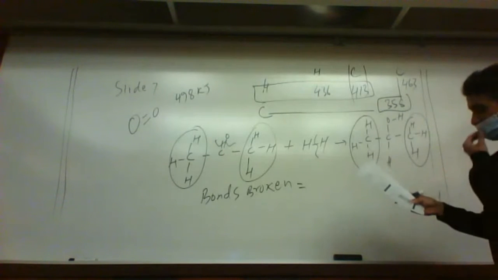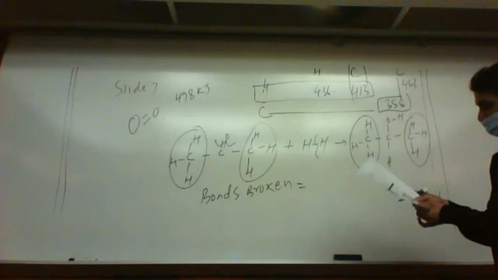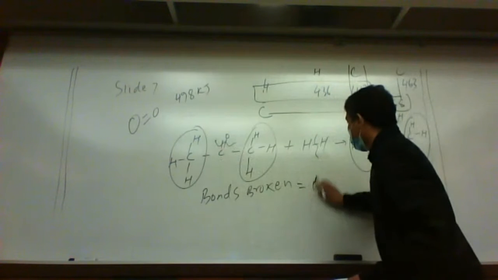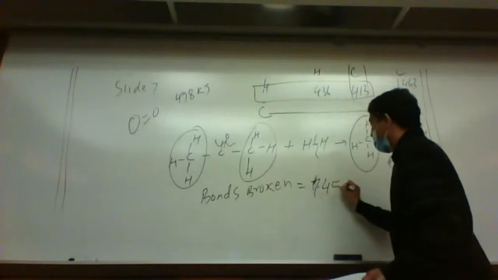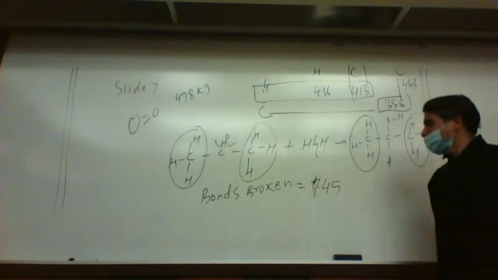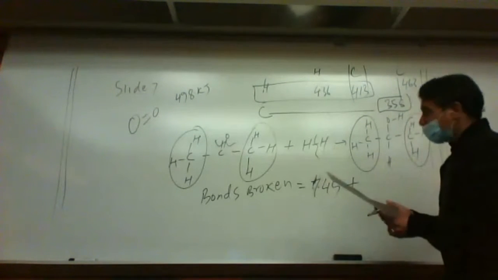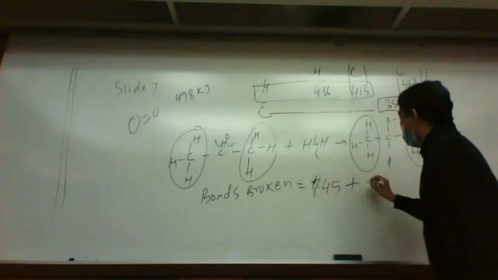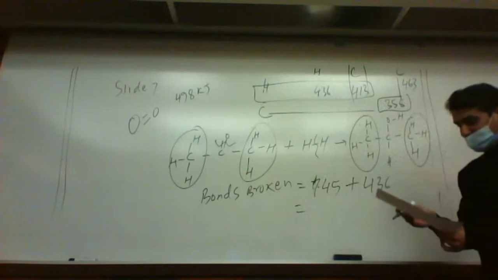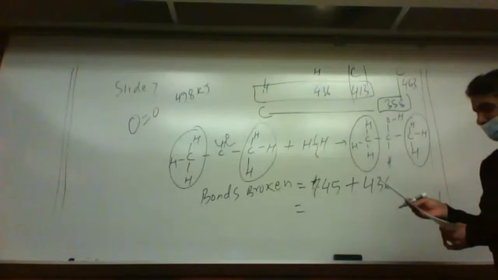Go to slide number 12. The third line from the right, there's a 745. So to break this bond, we need 745 kilojoule of energy. And then this is also broken. The H and H bond is broken. That is 436. So add these two numbers and you'll get 1181.